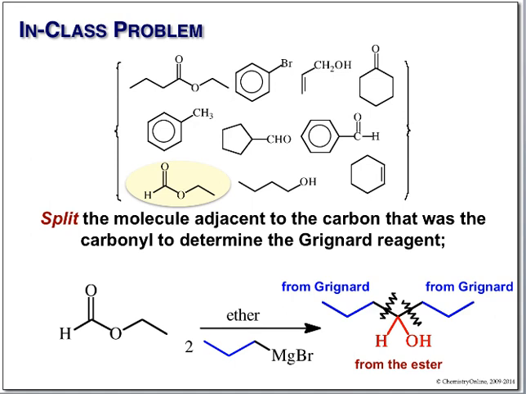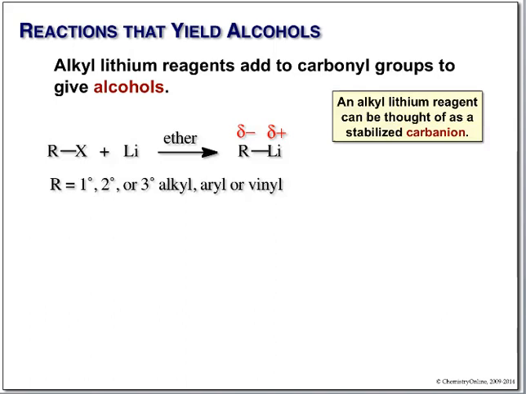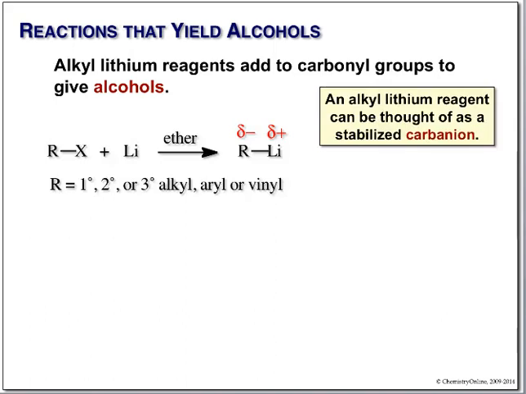All right, there are a couple more reactions of alcohols that we need to worry about. In addition to making Grignard reagents out of alkyl halides, we can also make alkyl lithiums. Just like a Grignard reagent, R can be virtually anything: alkyl, aryl, or vinyl.